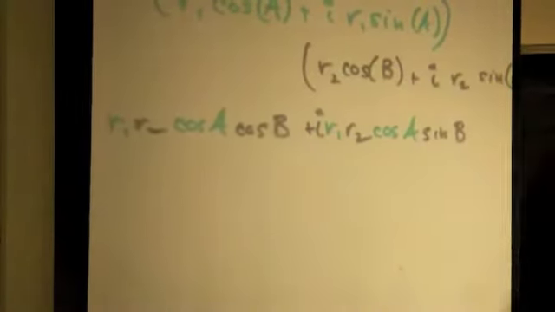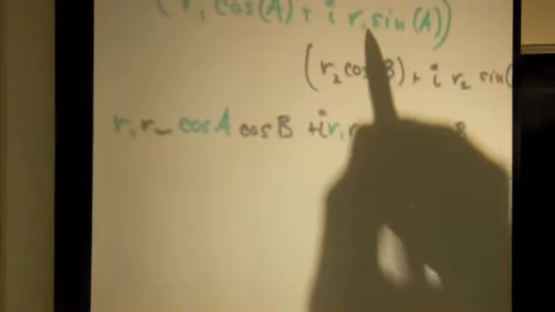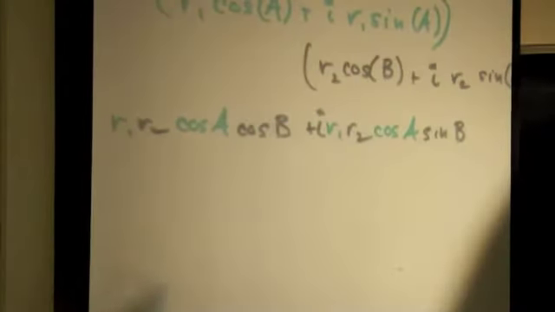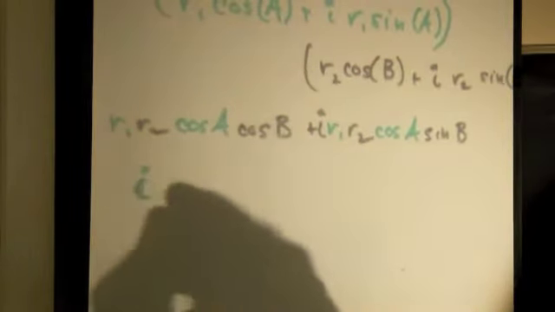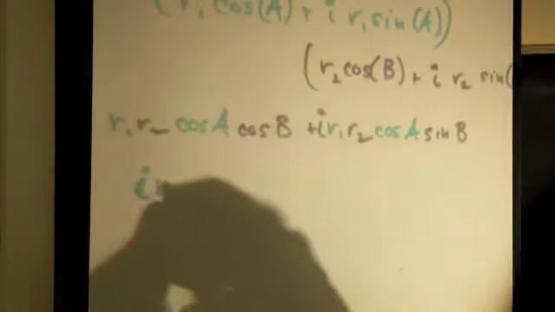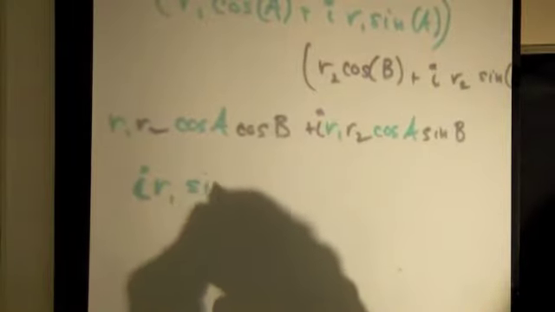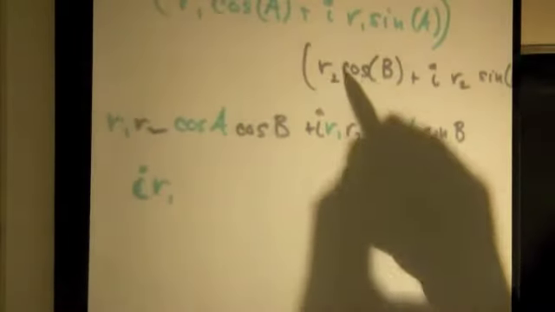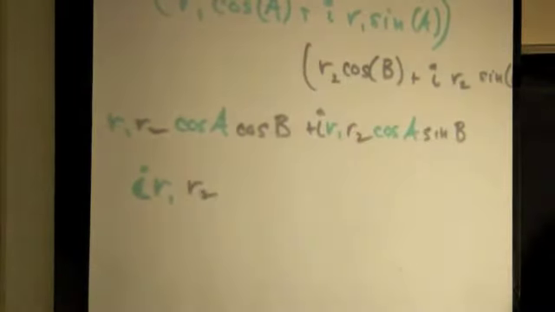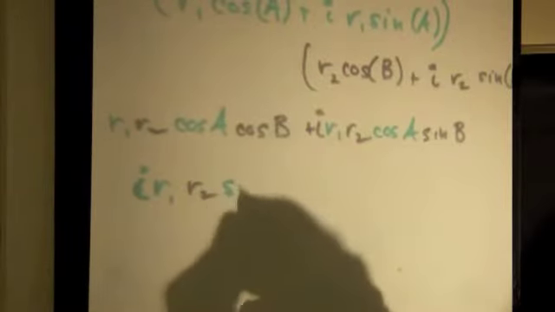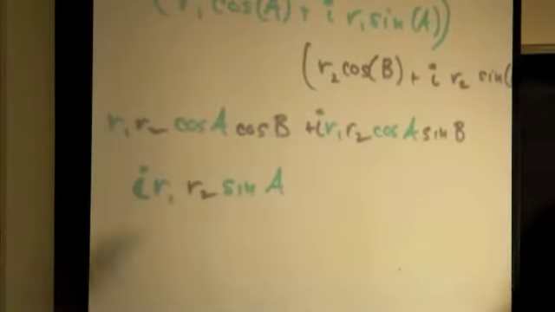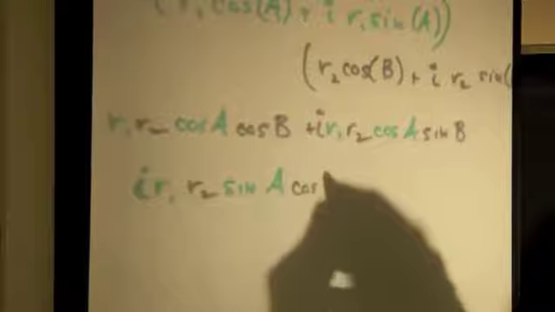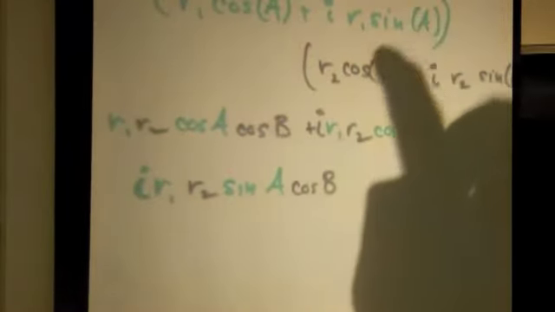So when I do this one times this one, it's going to be i times R1 sine of A. Oopsie, that's not how I've been doing it. R1 times R2, and then the sine of A times the cosine of B. Okay, that's this one times this one.